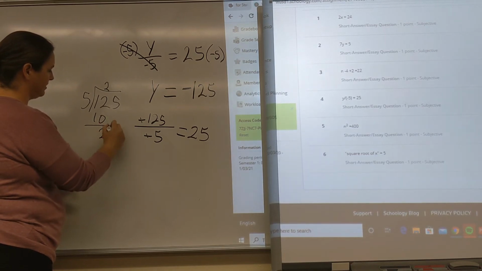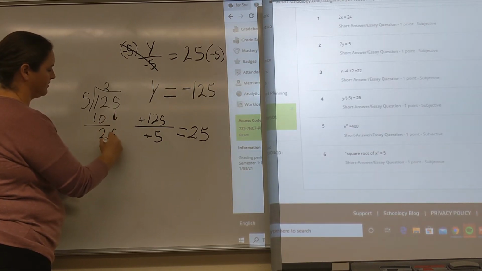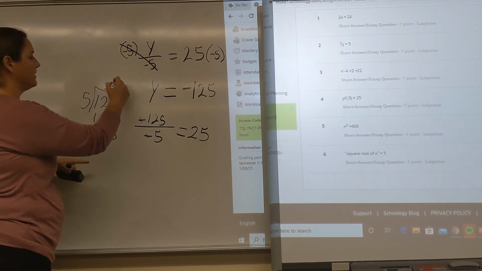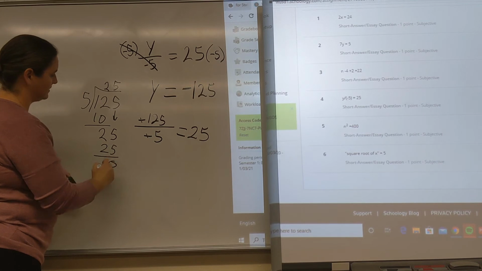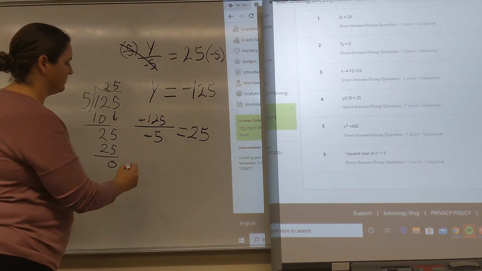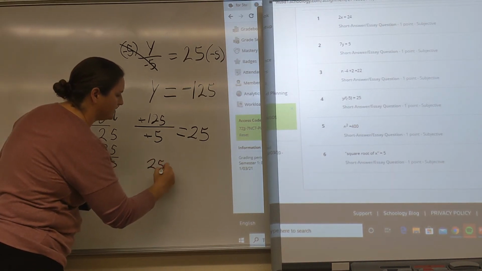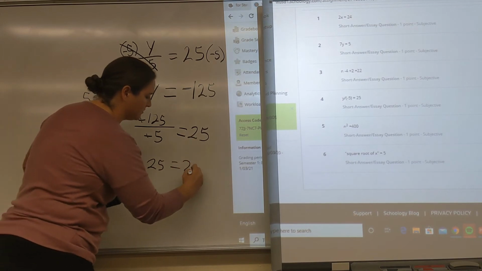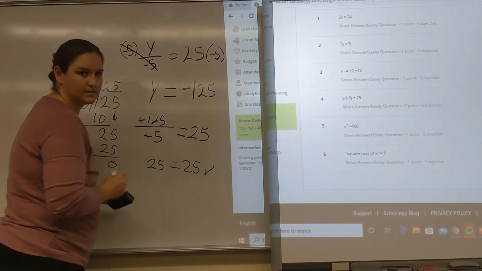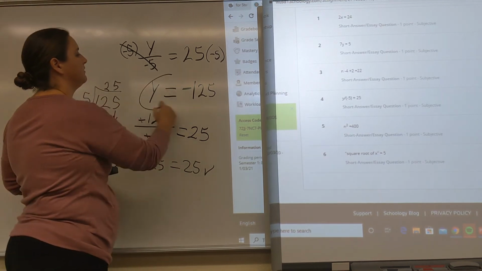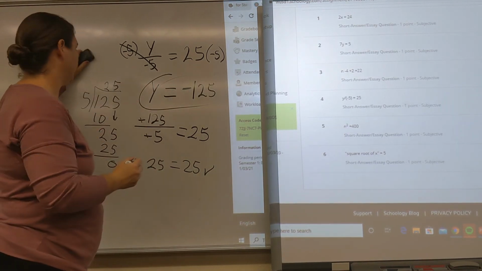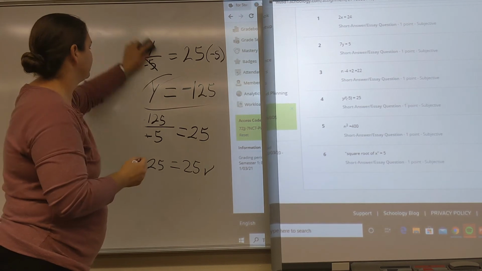Bring down our 5. 5 goes into 25, 5 times, gives us 0. So we have 25 on this side. Does it equal our right number? Yes, it does, 25. So our y is equal to negative 125.